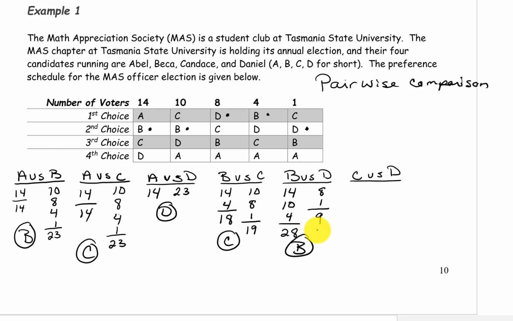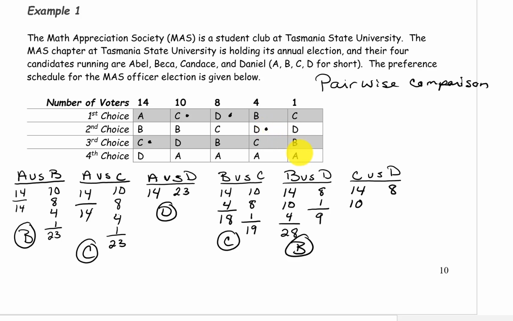Now, the last pairing, candidate C and D. On the first 14 ballots, C is above D, so C will get the first 14 votes. C is above D on the next 10, so gets those 10 votes. On the next 8, D is above C, so D will get those 8 votes.